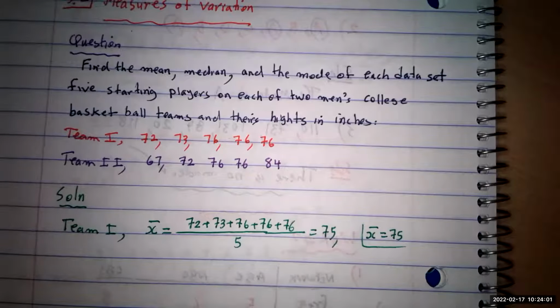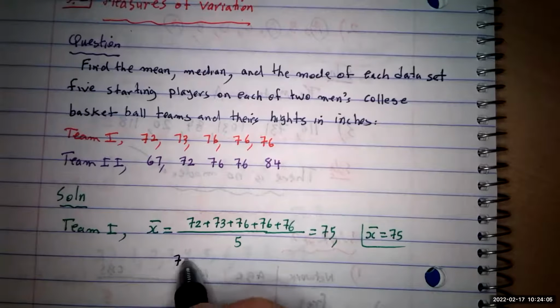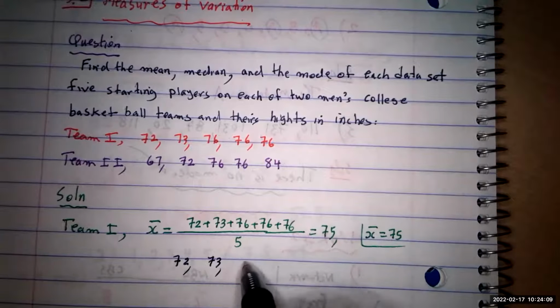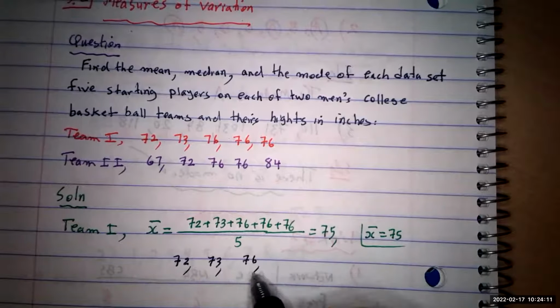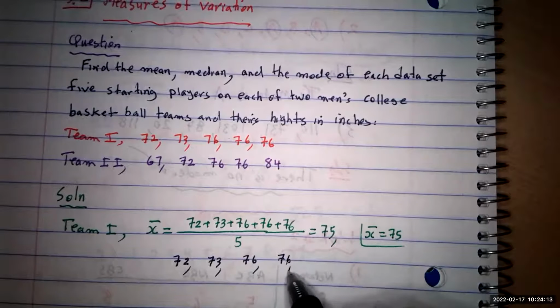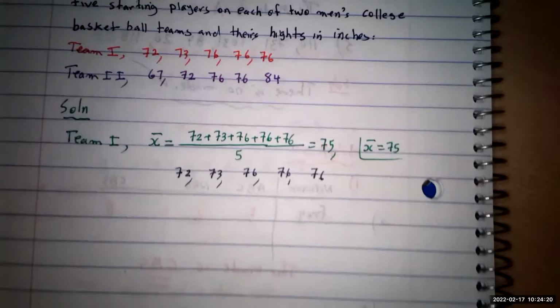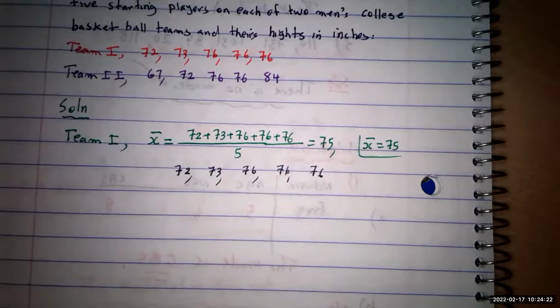If you want to find the median, you know that you're going to order it. It's the ordered set, so it's going to be 72, 73, 76, 76, and 76. You have 5 players, so the median is going to be right in the center. It's going to be the position of 2.5, if you like.